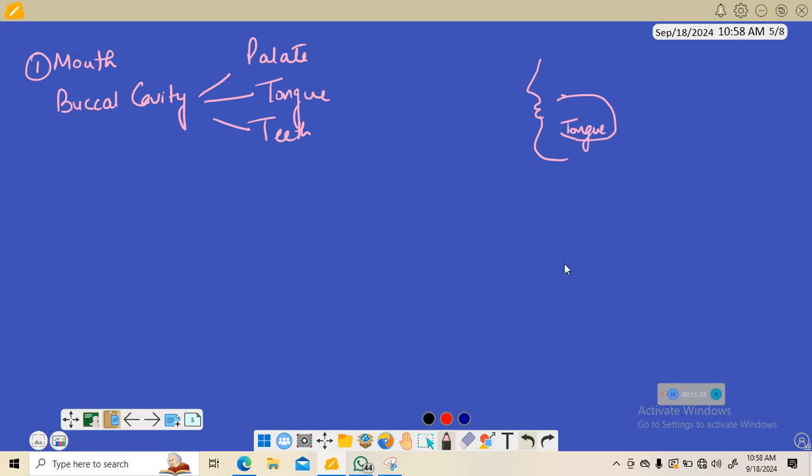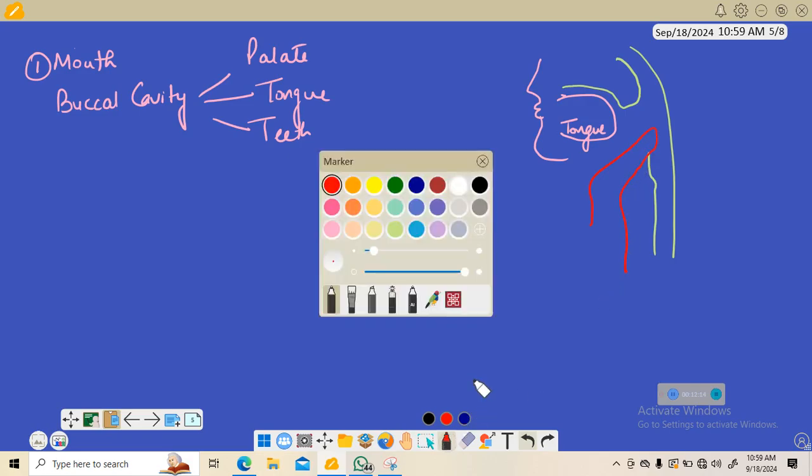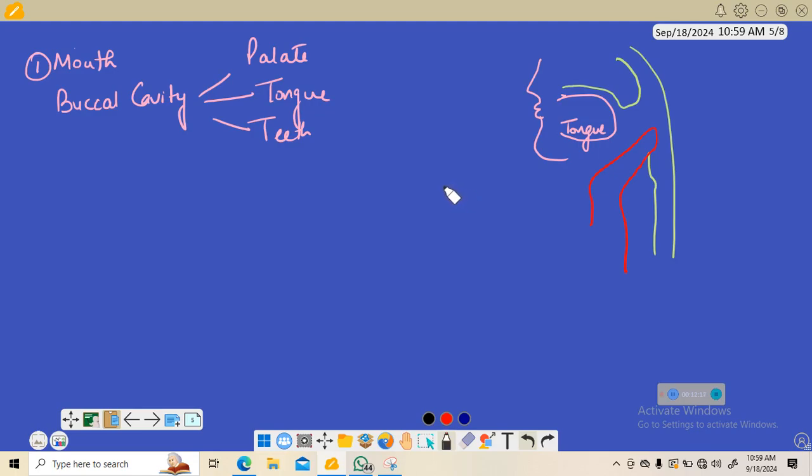This is the tongue area, and so this is basically the buccal cavity.